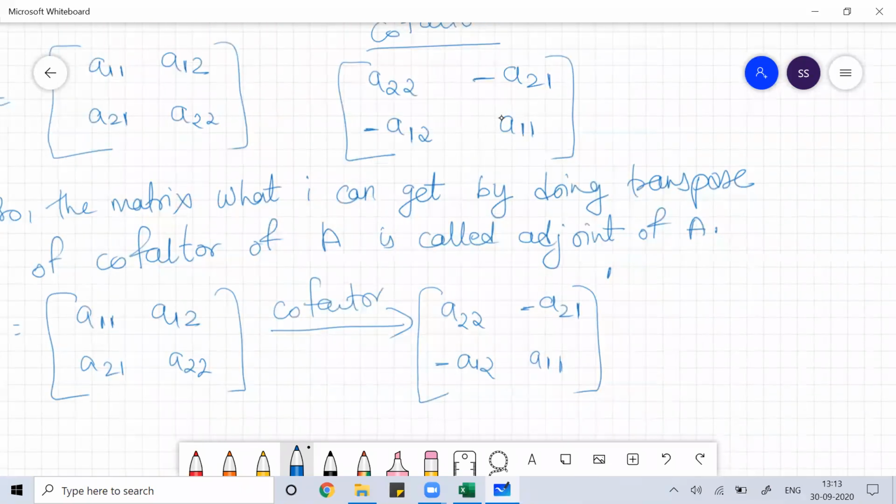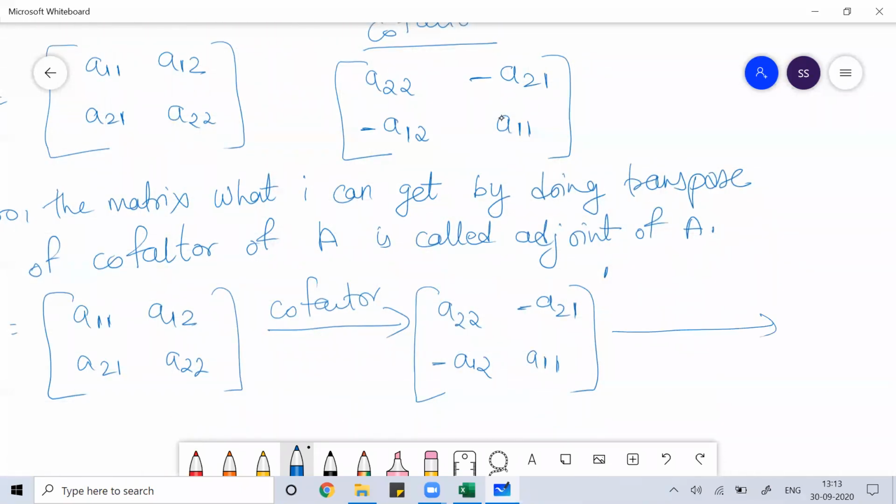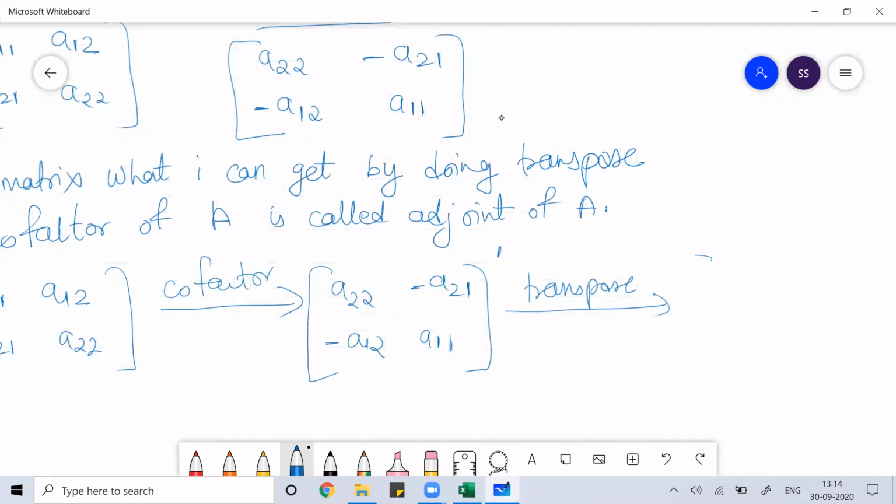Transpose means row will become column, column will become row. So you will get A22, minus A21, then minus A12, and A11. This is called the adjoint of the matrix.